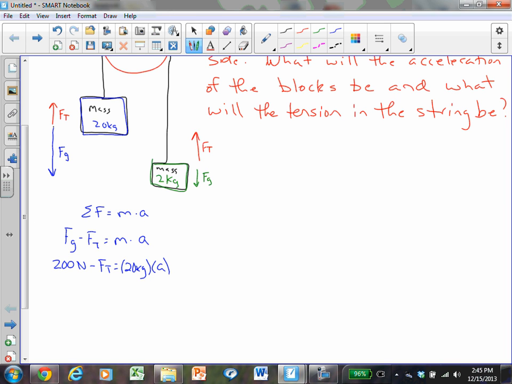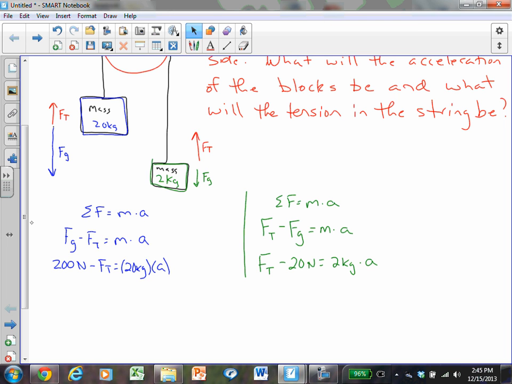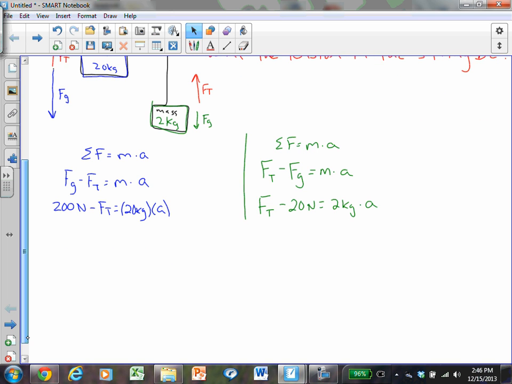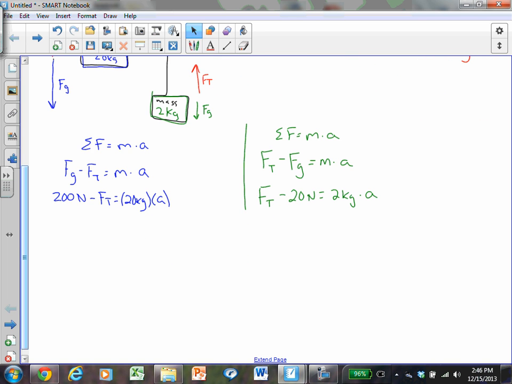And then on the green side, the sum of the forces equals mass times acceleration. But the winner there is Ft minus Fg equals m times a. Ft minus 20 newtons equals a mass of 2 kilograms times a. Okay, so now we have two equations and two unknowns that we could solve for the acceleration and the tension force.